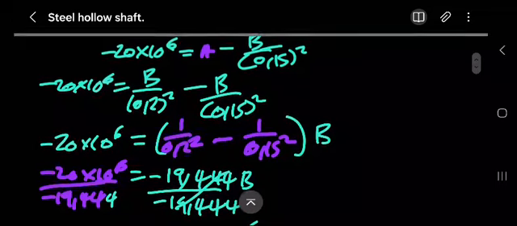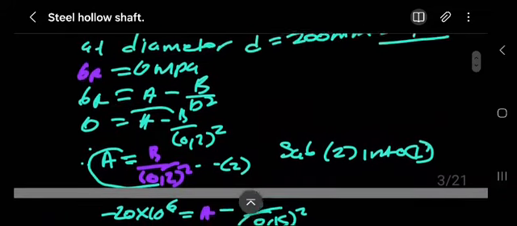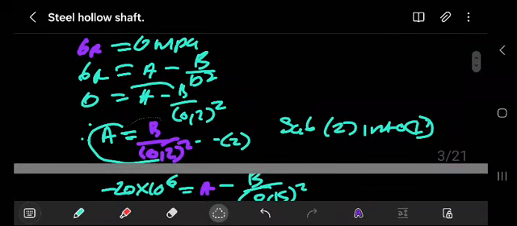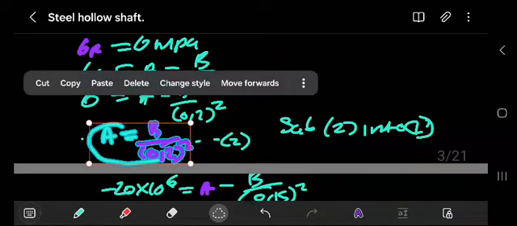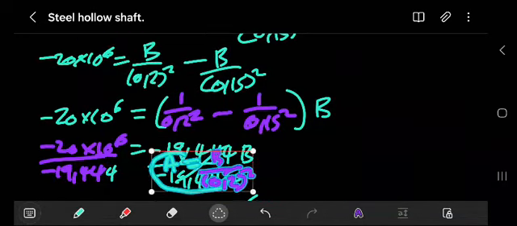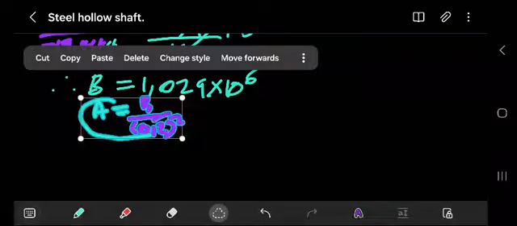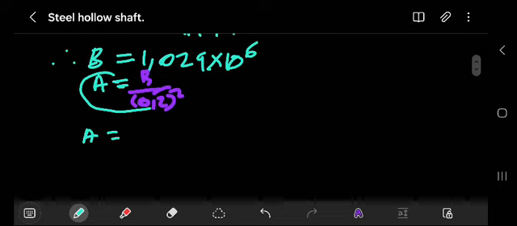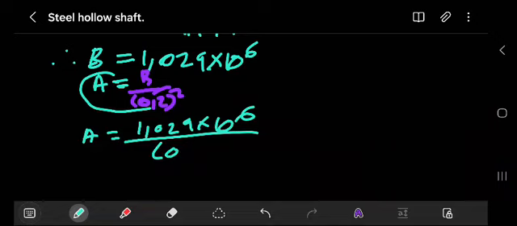Then the value of A, remember we have A here to be equals to this. So therefore A, when we see B, B will be 0.29 times 10 power 6 divided by 0.2 squared.